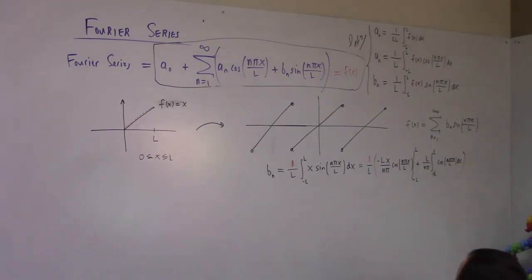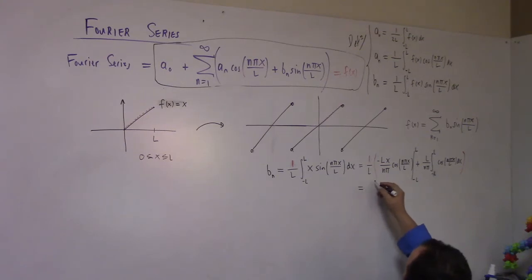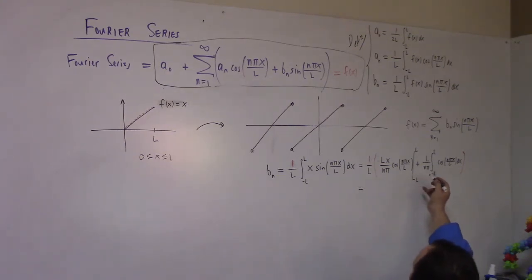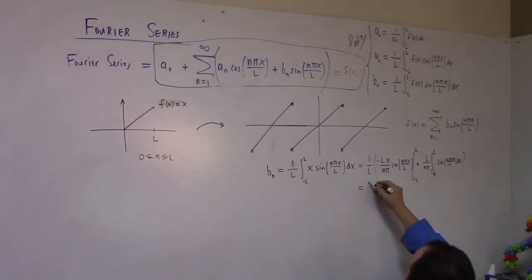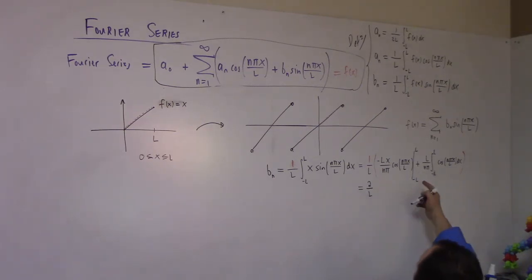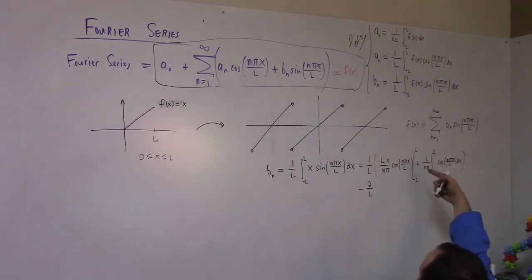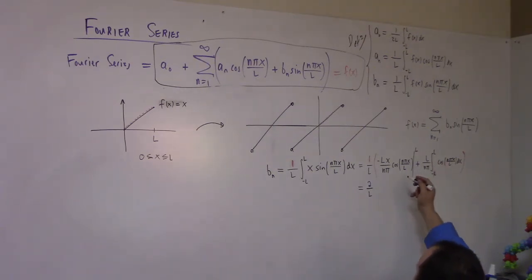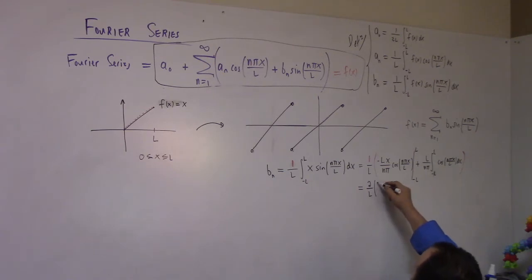All right, so of course, this we could rewrite as, I guess I made my bed, I'll lie in it. 2 over L, and instead of minus L to L, it'll go from 0 to L. So that times minus L over n pi cosine n pi.